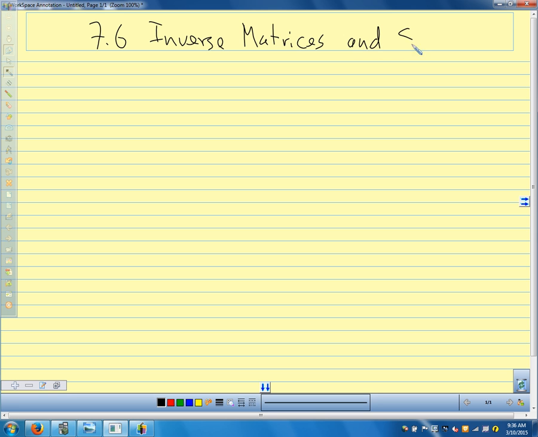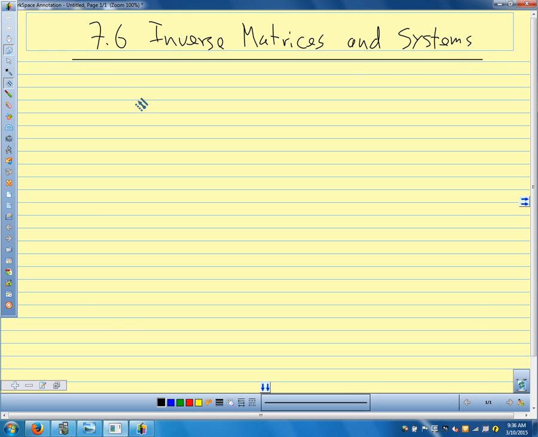So inverse matrices and systems. To lead up to what we're going to do with matrices, we kind of talked about it a little bit. If we had an easy algebra equation, AX equals B, and A and B are just real numbers, what would we do to solve for X here?